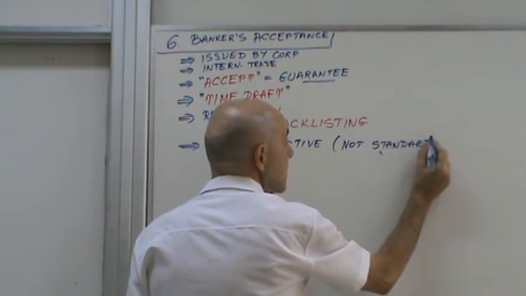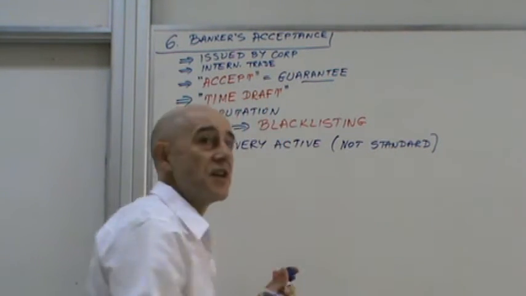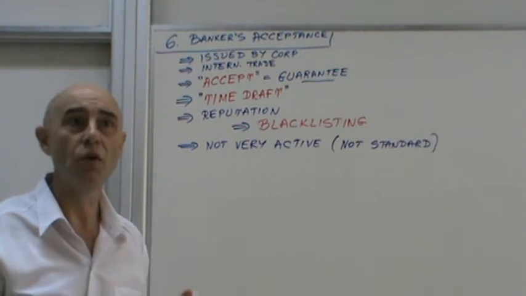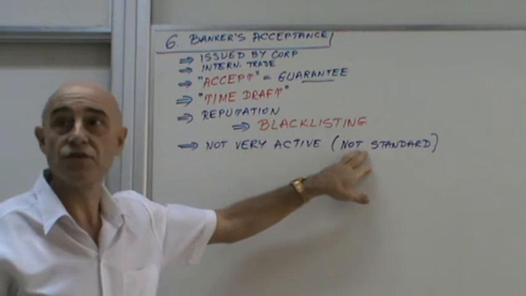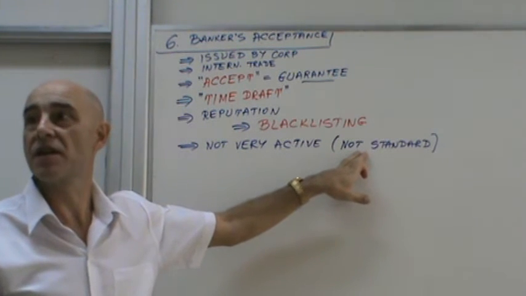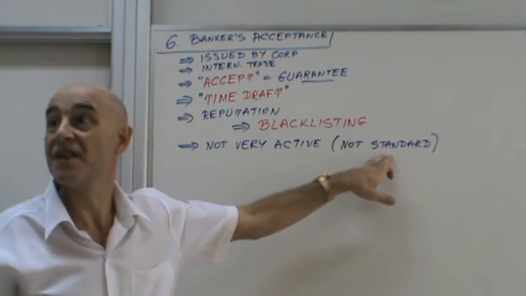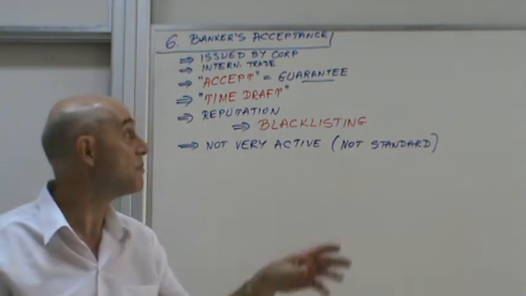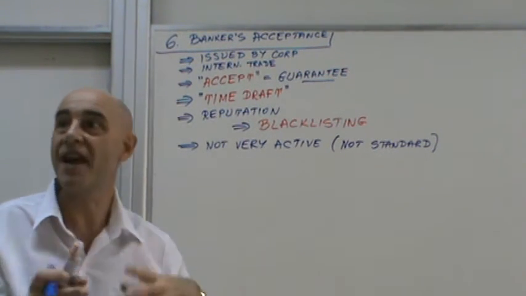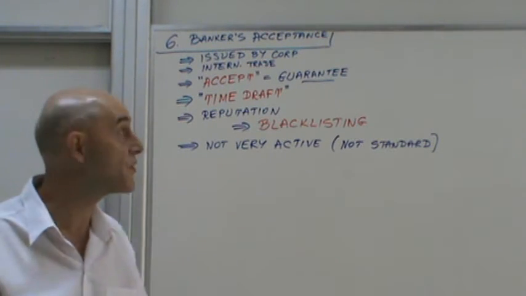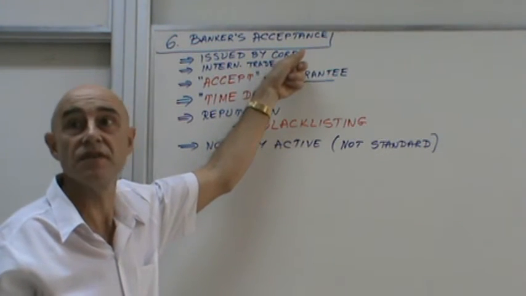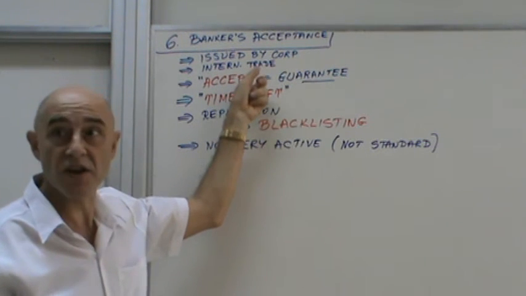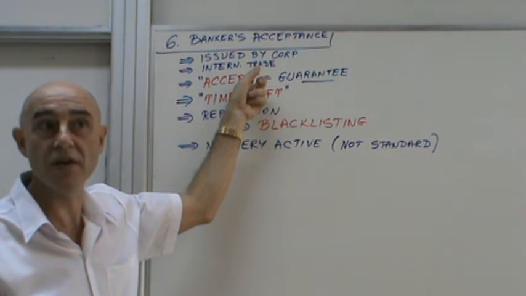What we will be discovering over time is that an instrument has a good secondary market if the instrument is fairly standard, if it's all the same. But these are not the same. The dates vary, the maturities vary, the issuers vary a lot and are usually not well known. The bankers could also vary.